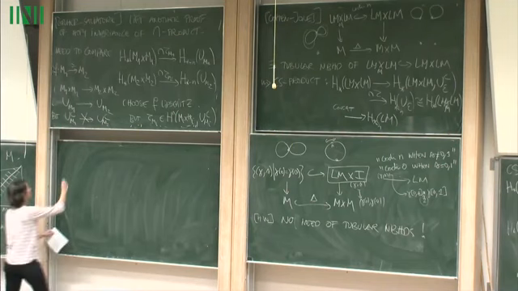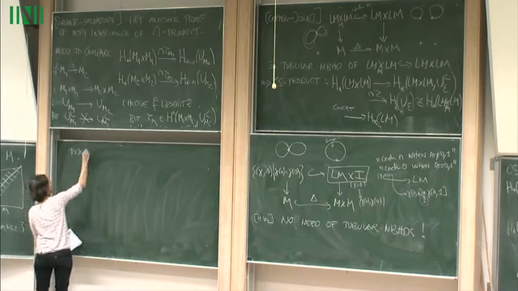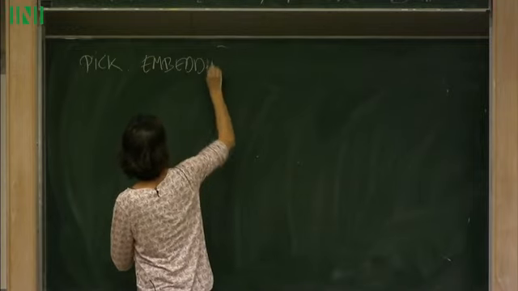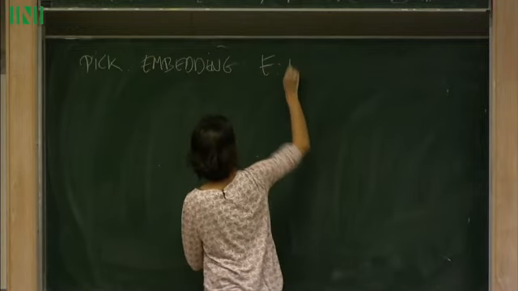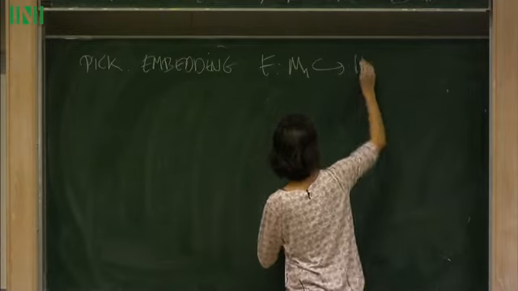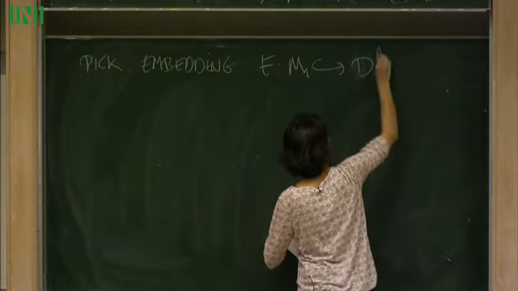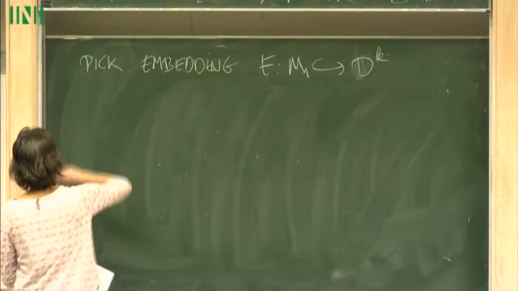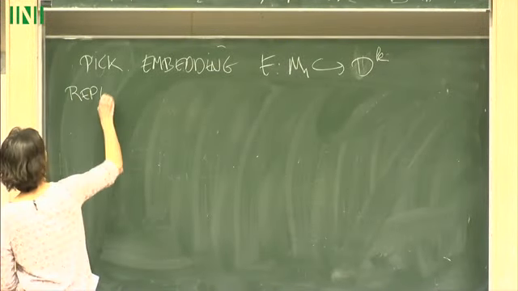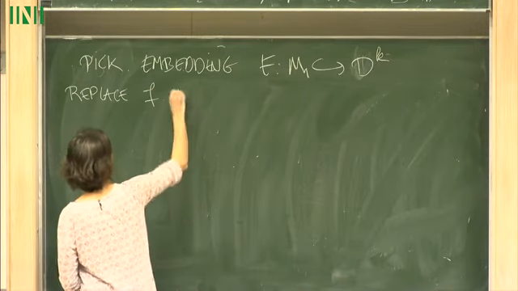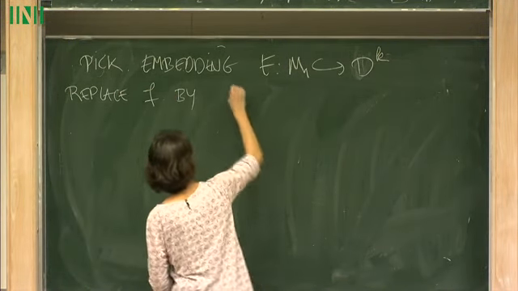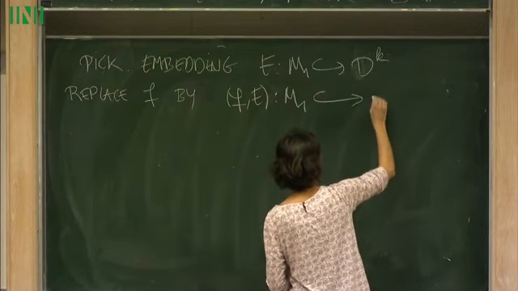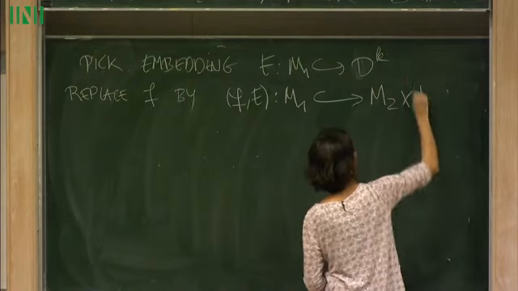Because you have a nice closed manifold, you pick an embedding of M1 inside a large ball, a disk of dimension k for some large k, and replace F by the pair (F, e), from M1 to, now an embedding, M2 cross the disk.